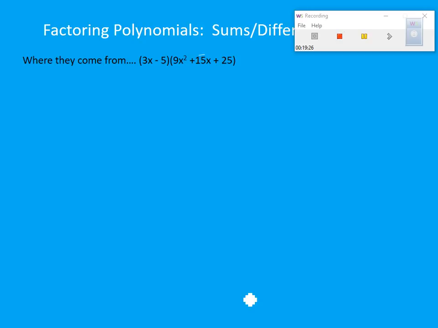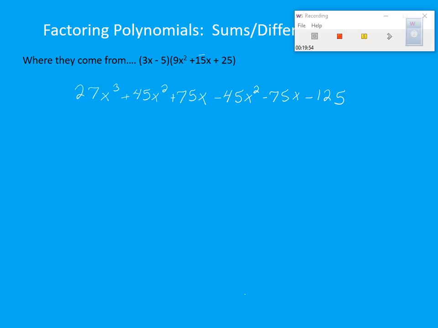I'm going to take 3x times everything in here. So I'm going to have 27x cubed plus 45x squared plus 75x. Now I'm going to come in and take that negative 5 times everything. So I've got negative 45x squared minus 75x minus 125. Now watch what happens.